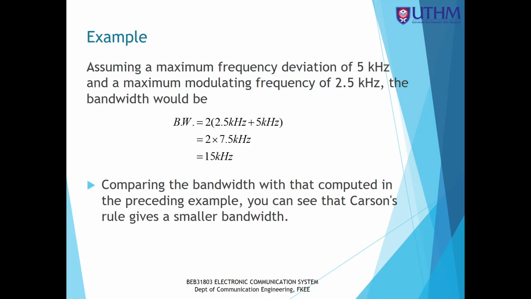So let's look at the example. Assuming a maximum frequency deviation of 5 kilohertz, so you are given delta f equal to 5k, and the maximum modulating frequency, which is fm.